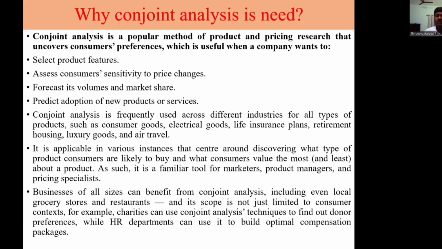So conjoint analysis helps business people in these aspects, and is frequently used across different industries for all types of products such as consumer goods, electronic goods, life insurance plans, retirement housing, luxury goods, and air travel. There are multiple choices available in the market.